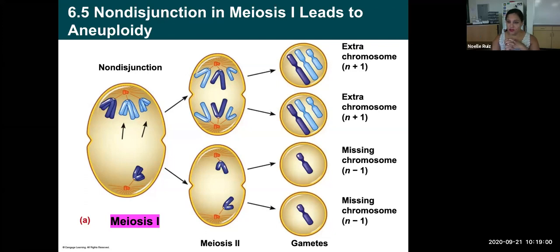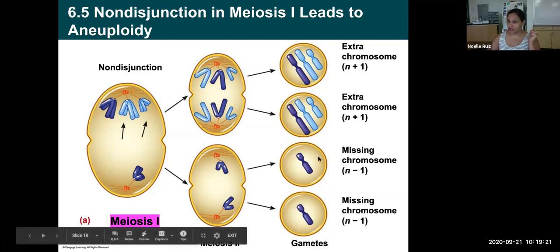So when it goes into meiosis 2 and then it ends, you have 4 gametes with an odd amount of information. If any one of the top 2 gametes fertilizes or gets fertilized, that child will have an extra chromosome. If any one of the 2 on the bottom gets fertilized, that child will have a missing chromosome.